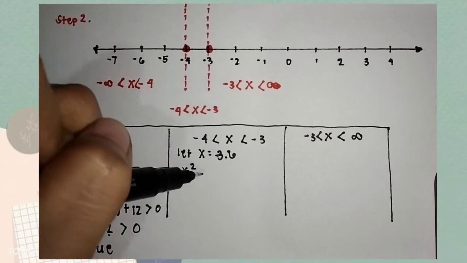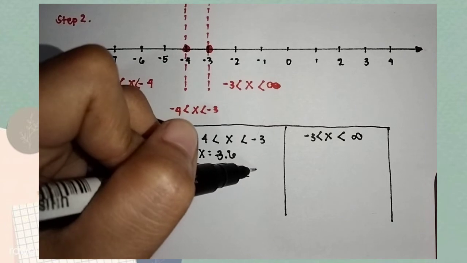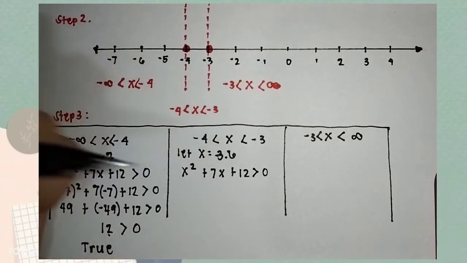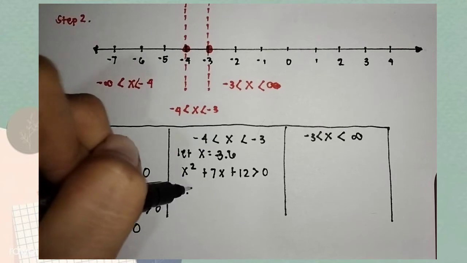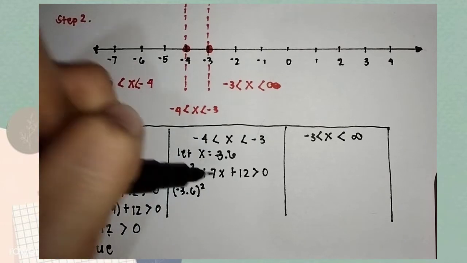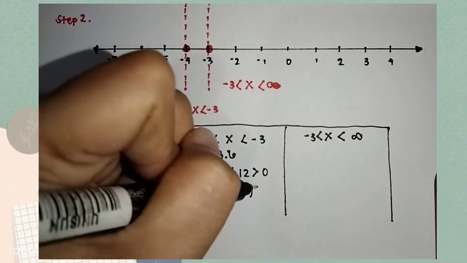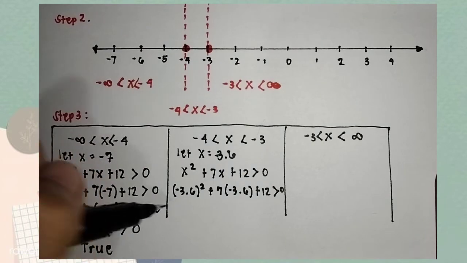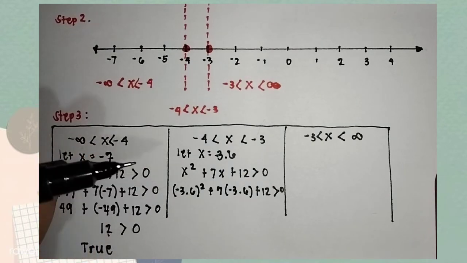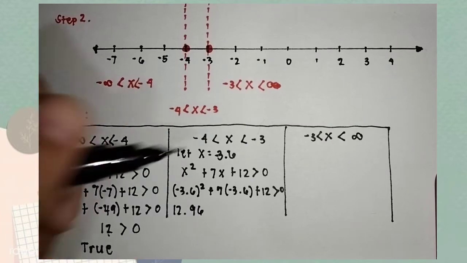x squared plus 7x plus 12 greater than 0. Okay, so palitan natin yung bawat x ng negative 3.6. So, negative 3.6 times negative 3.6 ay positive 12.96.